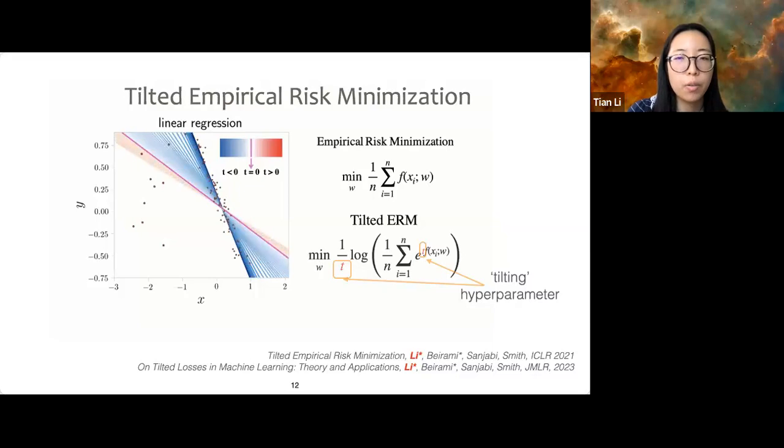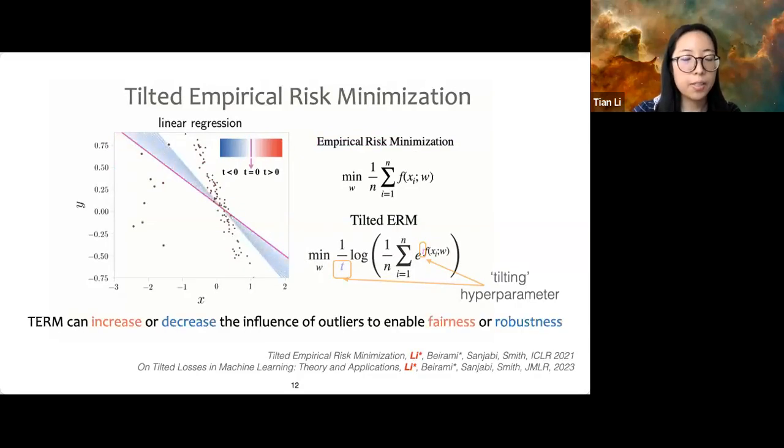However, on the other hand, if the points on the left are some outliers that we would like to ignore, so we only want to fit the majority of the data, the brown points, we can use TERM with negative t, the blue lines, to ignore those points on the left and only fit the major points there. So in summary, at a high level, TERM can highlight outliers to promote fairness or suppress outliers to promote robustness with a single hyperparameter.